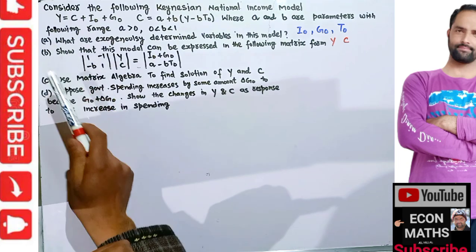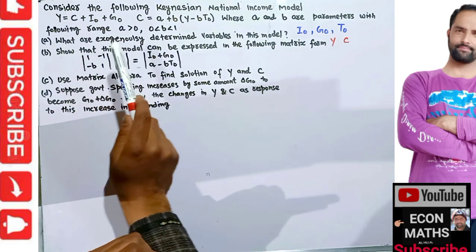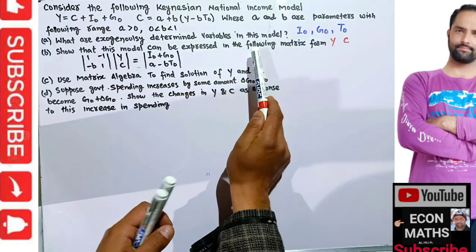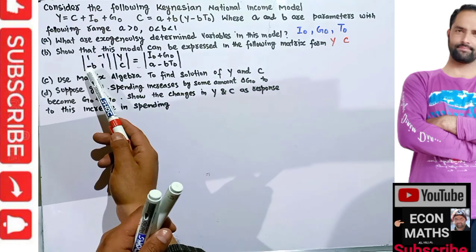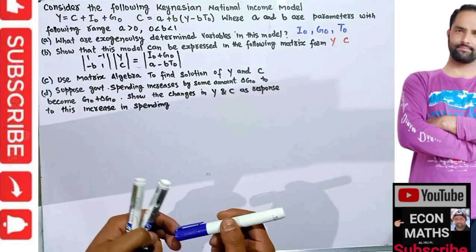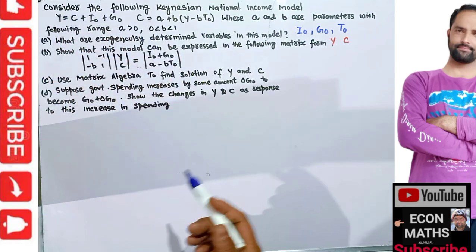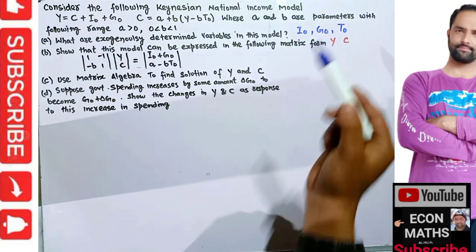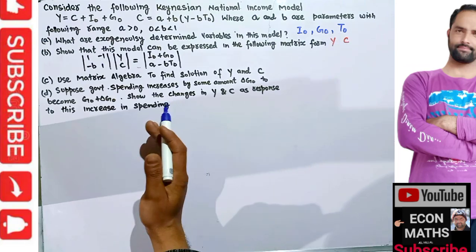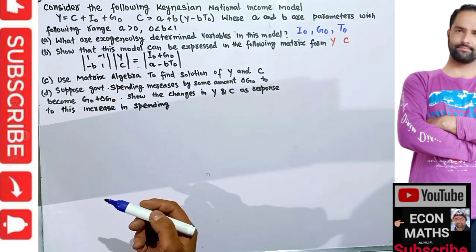The second part of this question is, show that this model can be expressed in the following matrix form. Let us rewrite this equation. As we have said, Y and C are the endogenous variables. Let us put all the endogenous variables on one side.